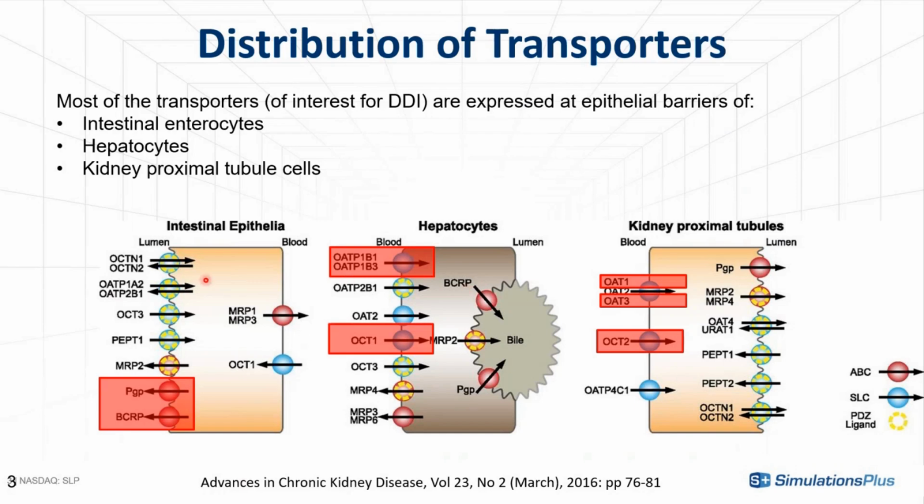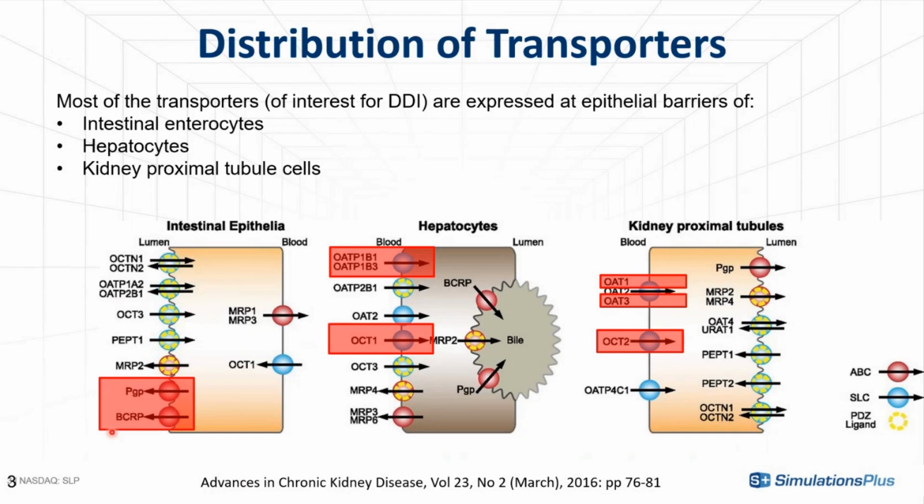In intestinal epithelia, you might find PGP and BCRP transporters, which are both efflux transporters. In hepatocytes, you might find OATP1B1, OATP1B3, and OCT1. In kidney proximal tubules, you might find OAT1, OAT3, or OCT2.